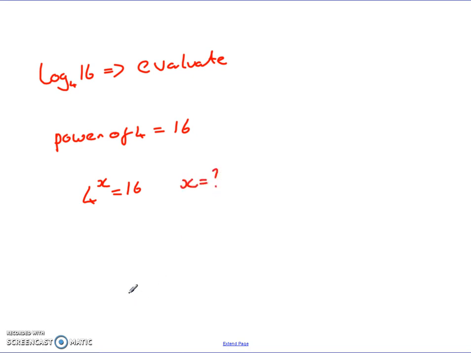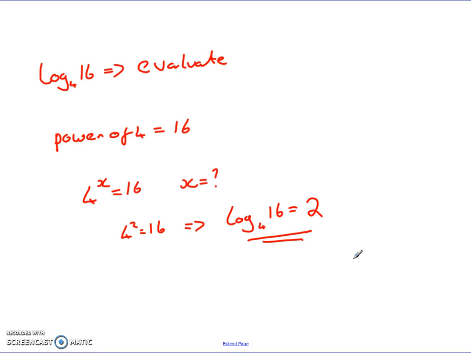What is that power? Well, we all know that 4 squared is equal to 16. So therefore log to the base 4 of 16, so the power of 4 that gives me 16, is equal to 2.